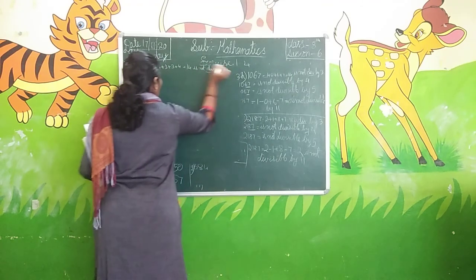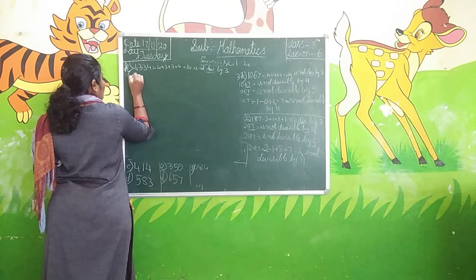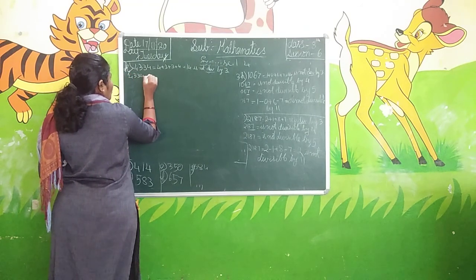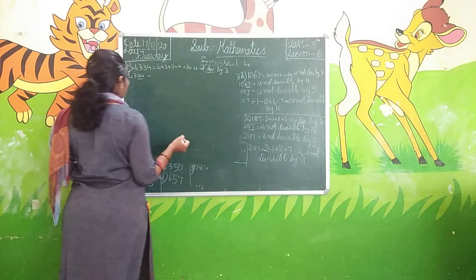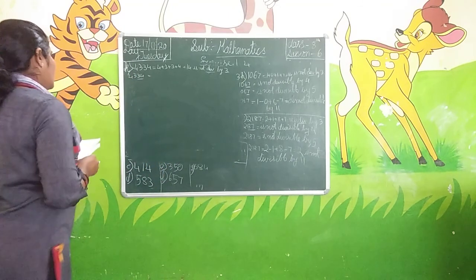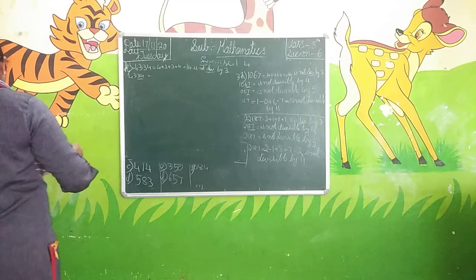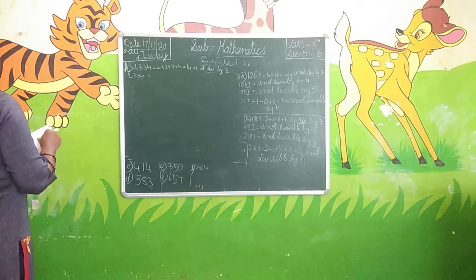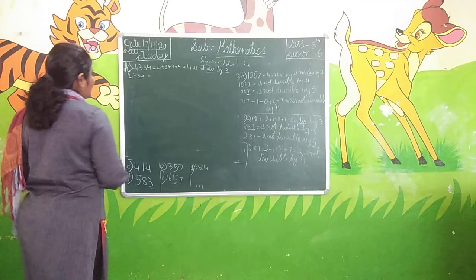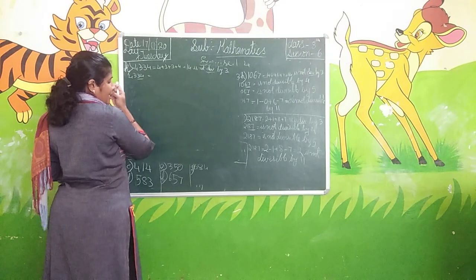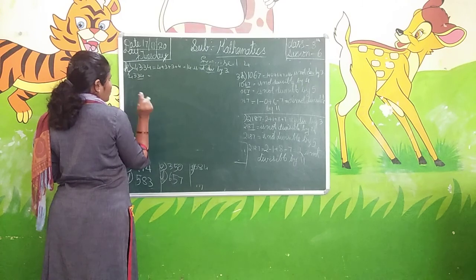Next, 4334, the last two digits 34. 34 is an even number, but it is not divisible by 4, because 4 ones don't give 34.